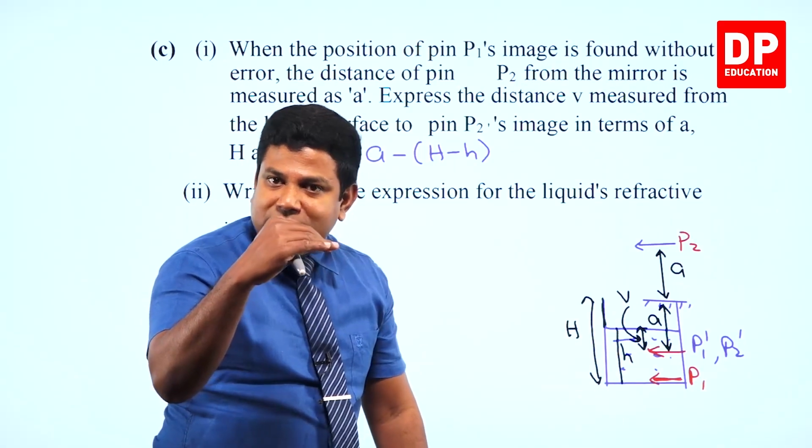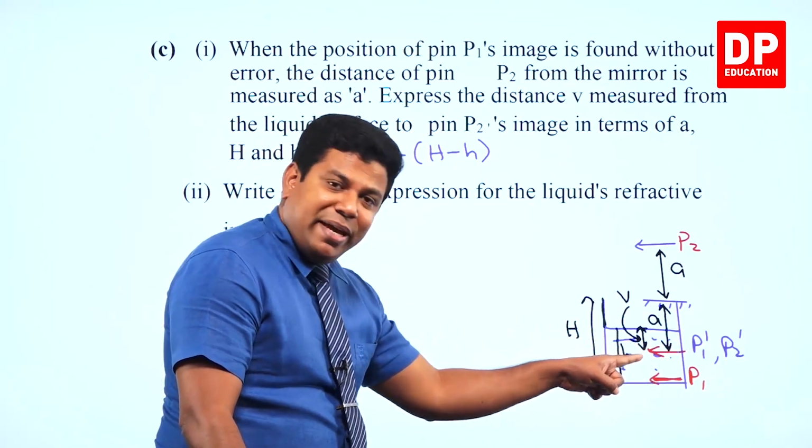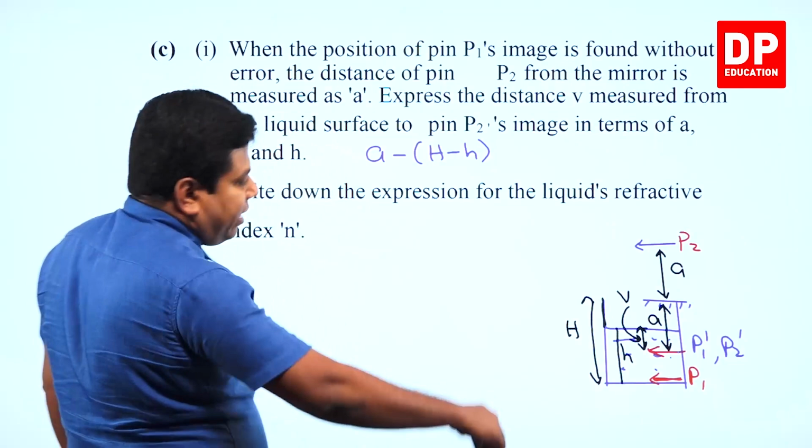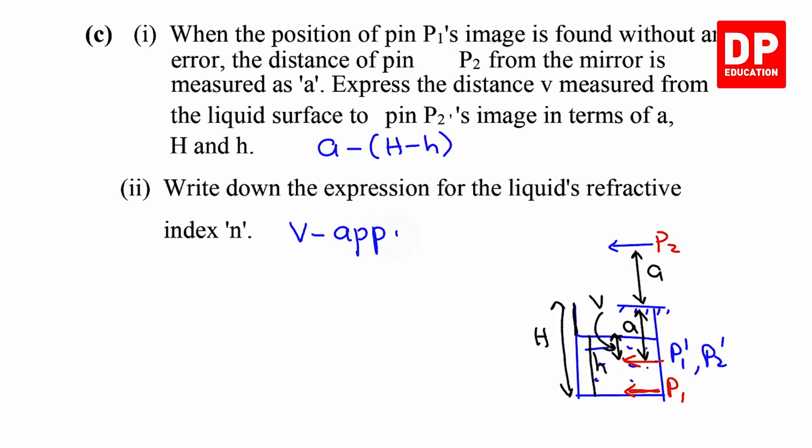From the liquid surface up to P1's image, that is V. So let me say V is the apparent depth, and small h is the real depth.